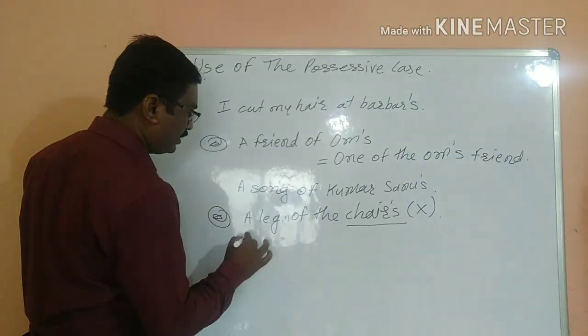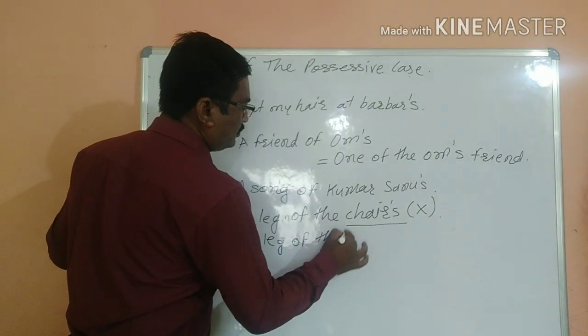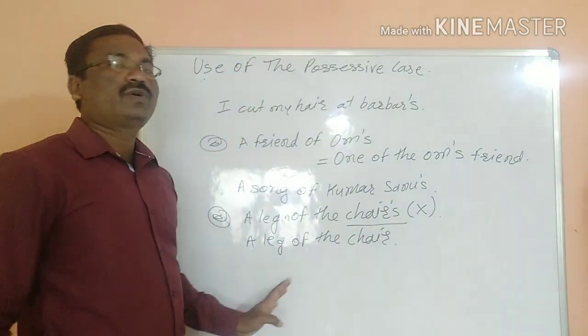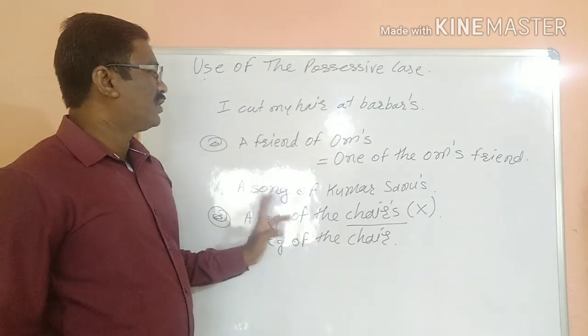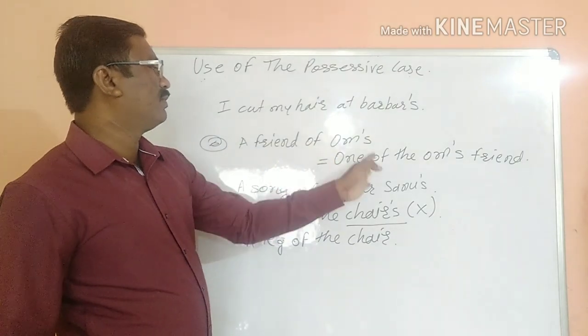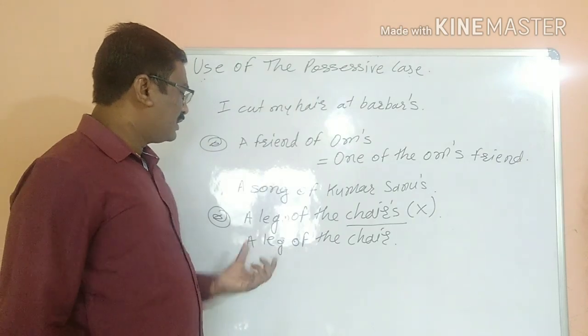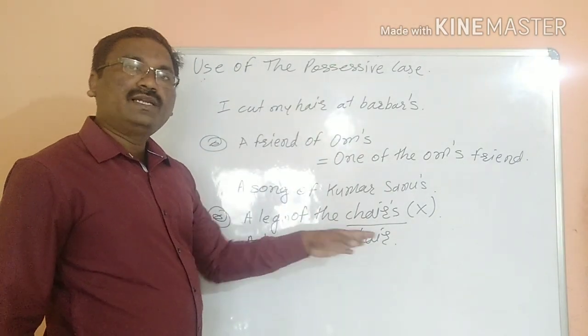You should say a leg of the chair. You can't say it the way we used a song of Kumar Sanu's, or Kumar Sanu's song. You can say one leg of the chair.